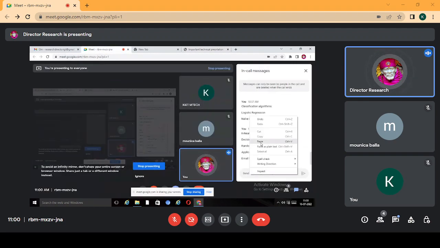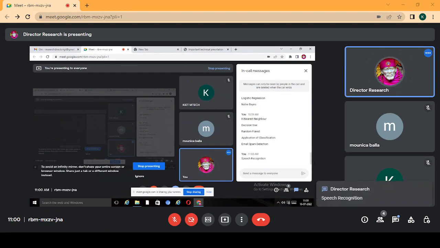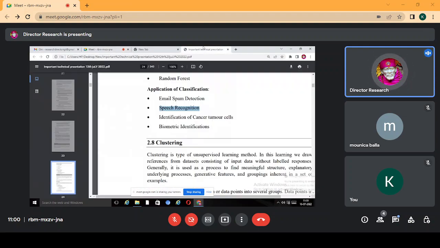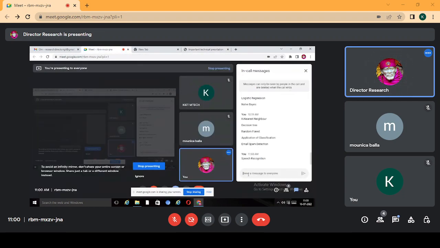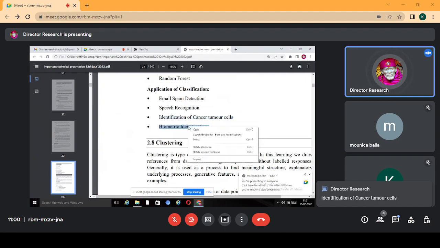I'm giving innovative points. It is very difficult to gather these points also, because I'm working on the practical oriented side, that's the reason I'm giving it in a simple way. These points themselves have a lot of importance in practical applications: identification of cancer tumor cells, biometric identifications.